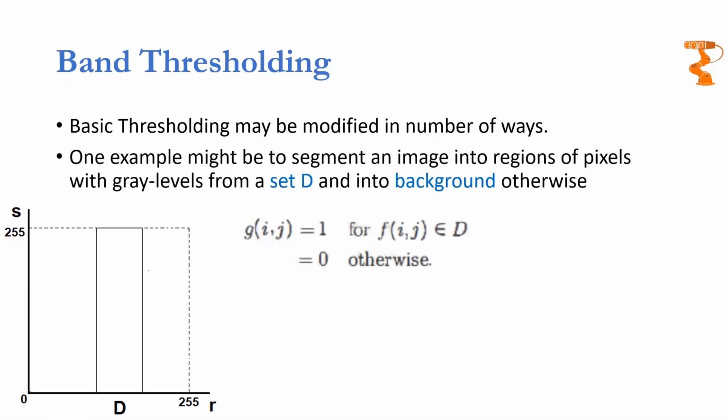Mathematically, it is assigning 1 to all the pixels belonging to some set of gray levels. For example, all the gray levels between 100 to 160 will be assigned 1, or the white value, and all the other gray levels will be assigned 0.